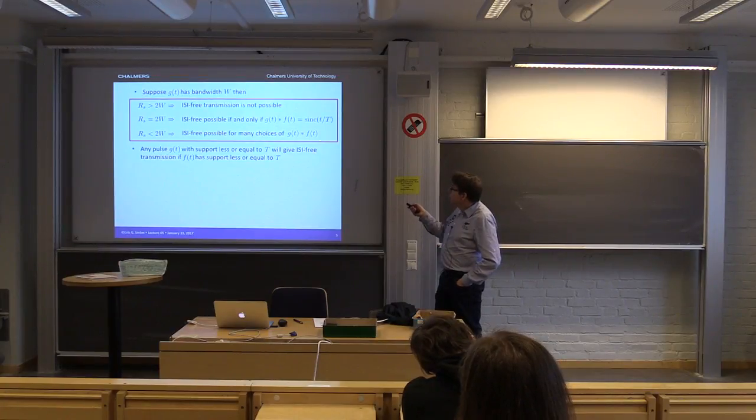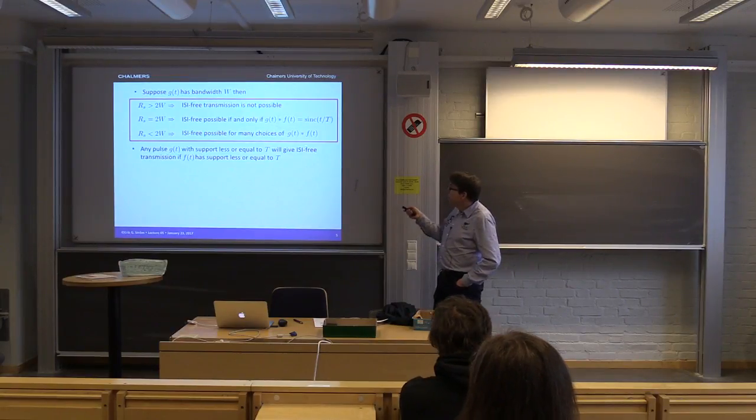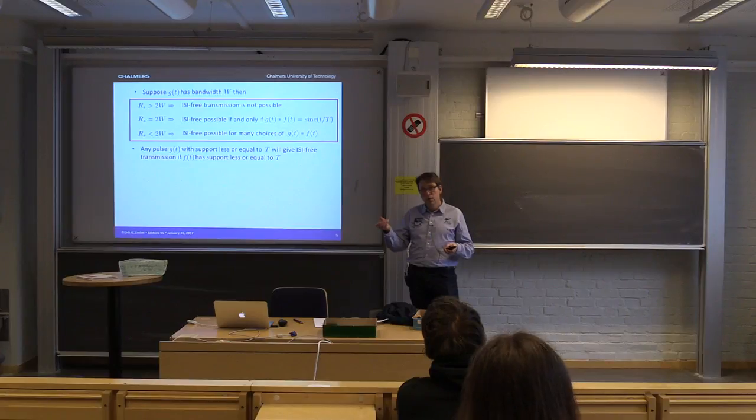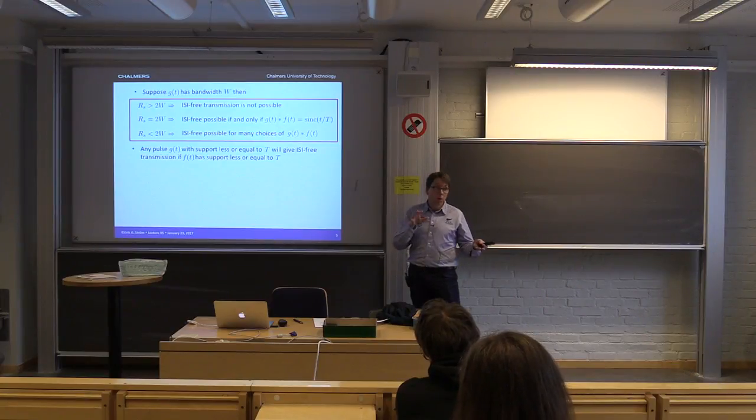One can say that the bottom one here is the practical operating point. We sacrifice a little bit of symbol rate in order to get some freedom in choosing pulses. Recall that ideally we would like to communicate as fast as possible, with the highest data rate.